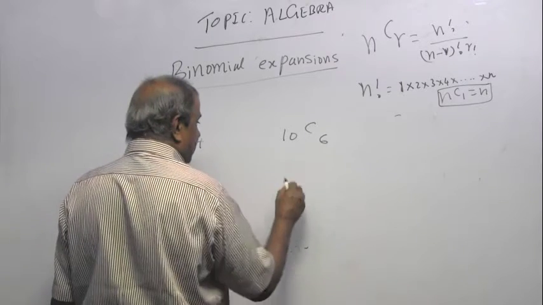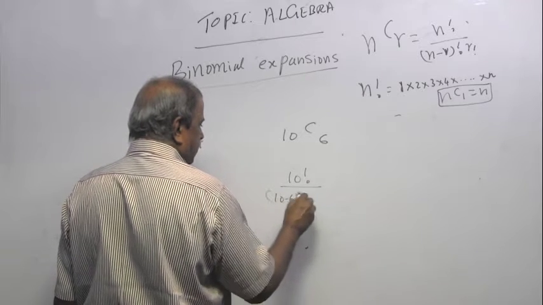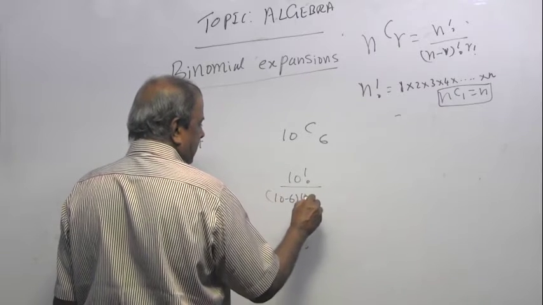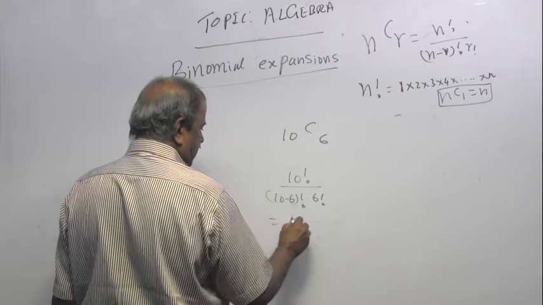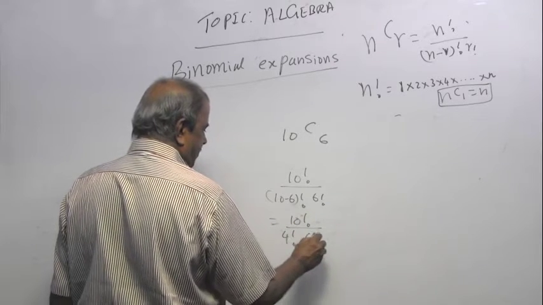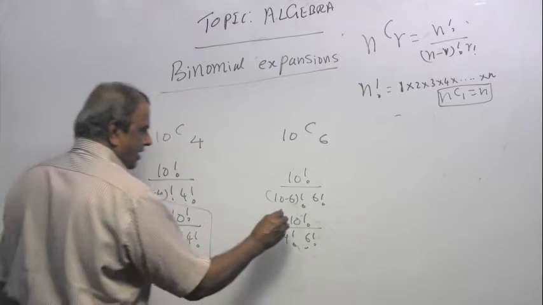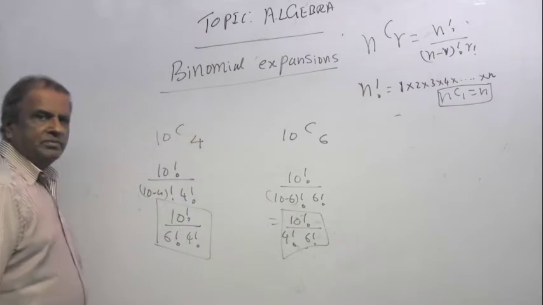What is 10C6? 10 factorial divided by (10 minus 6) factorial and then 6 factorial, which is 10 factorial over 4 factorial, 6 factorial. What do you notice? This is the same as that.